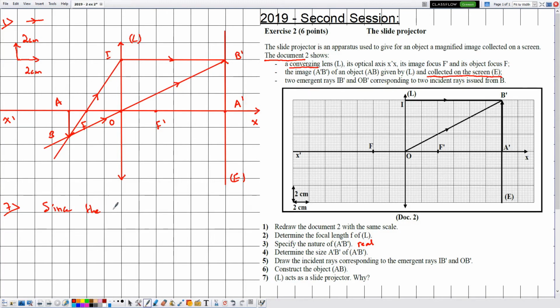Since the image A prime B prime is real and larger in size, then L acts as a slide projector.